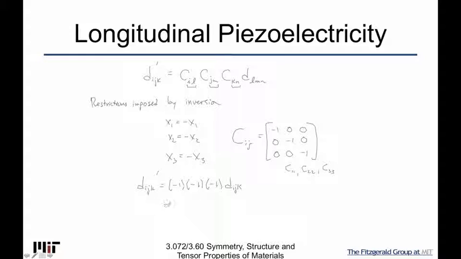So all of the Dijk related here would have to flip into negative form, which means that, of course, that can't happen. Remember, the properties can't change. I'm doing this inversion, and I expect the properties not to change, which means that these become 0, right? So basically, any of the ones that actually would get across would be negative to begin with. Out of all of the transformation, the only ones that are going to make it are going to be the ones with -1, -1, -1. And any of those, they're all going to be negative, which they have to be 0.